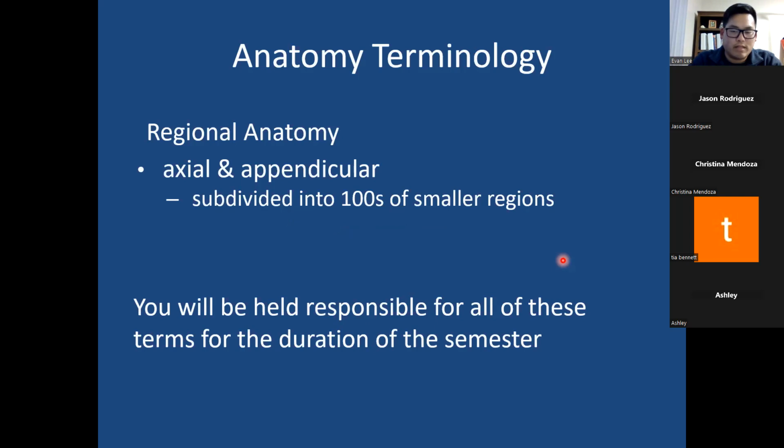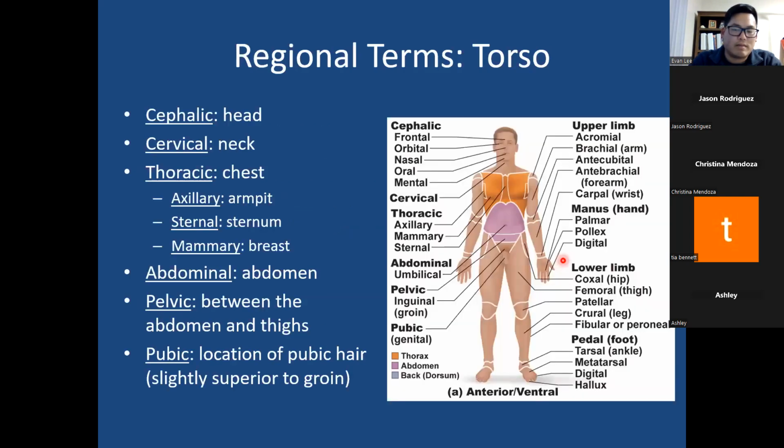When we talk about regional anatomy, we're talking about various different words that describe different parts of the body. Now, some of these might be familiar because you probably have heard of some of them before. But as we'll see, there are definitely some that you have not.